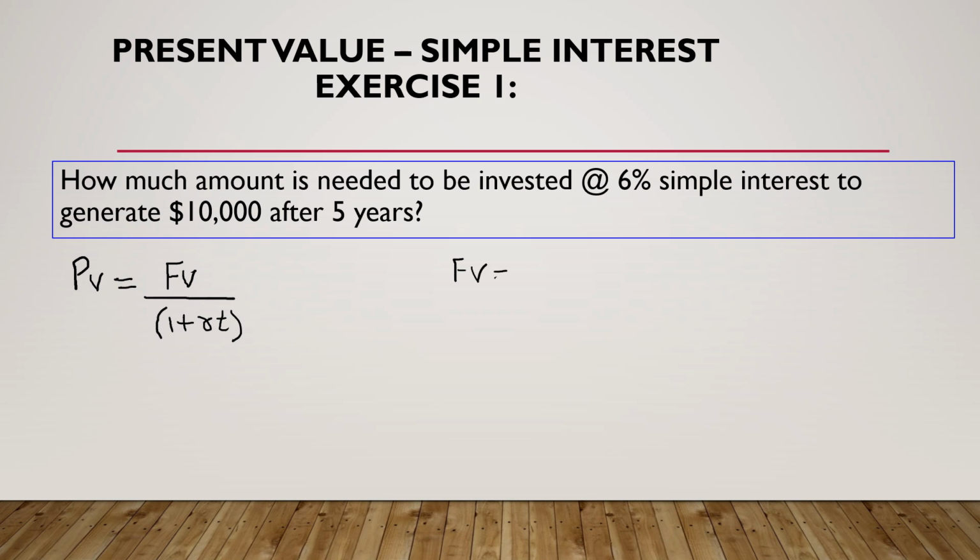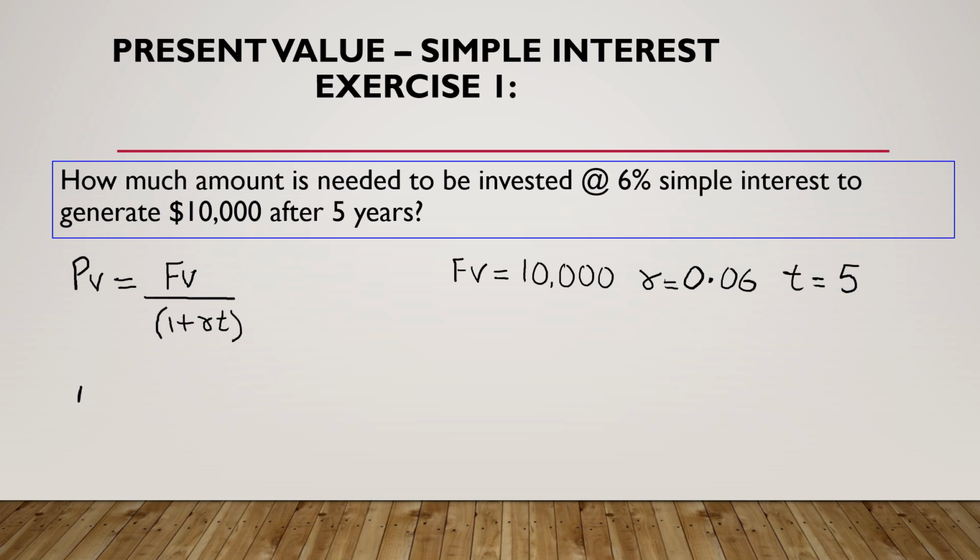So future value is given here, that is $10,000. What is my R? R is 6%. 6% means 6 divided by 100, which is nothing but 0.06. And for how much time will I deposit? I will be depositing it for 5 years.